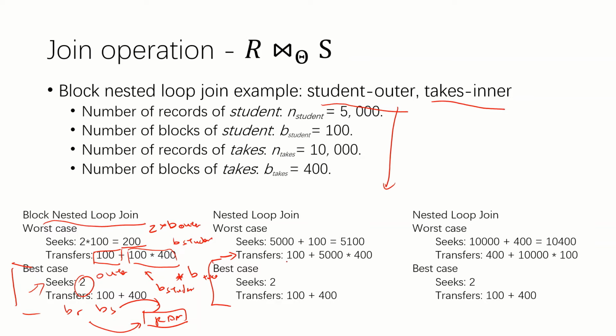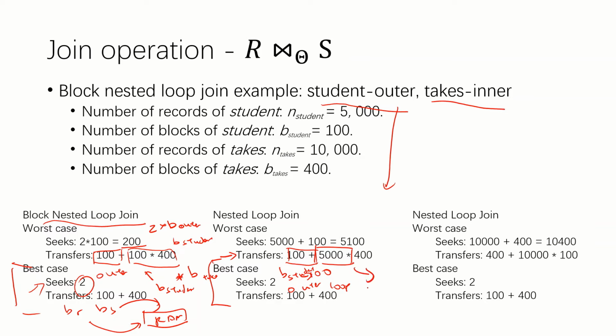So for the transfer, let's look at the ideal scenario whereby I am able to fit so-called a single block of student into the memory, and I can fit a single block of a course into memory as well. So my outer loop will be 100 transfers. This will be my b of my student, and this would be considered my outer loop. And how about my inner loop?